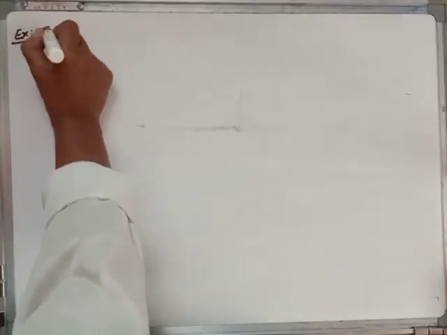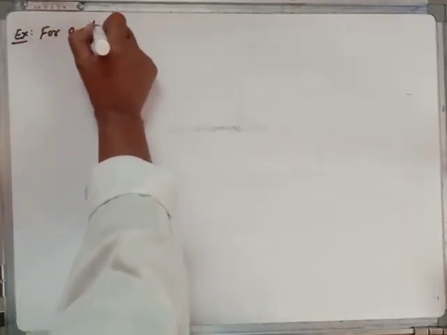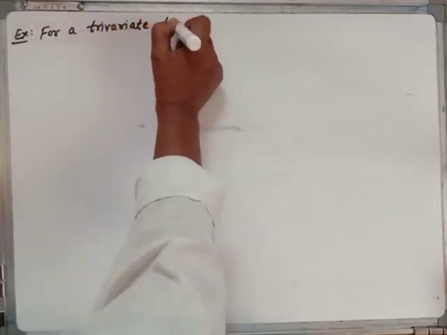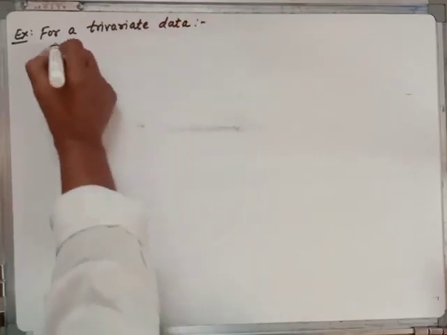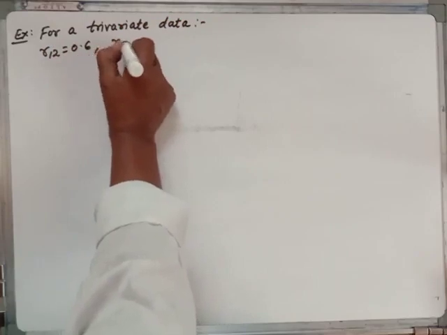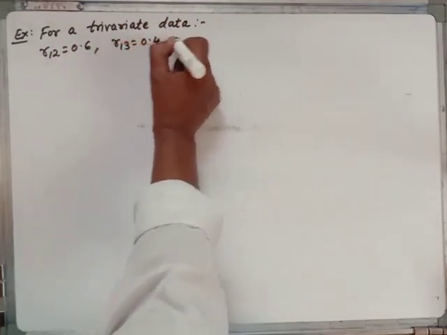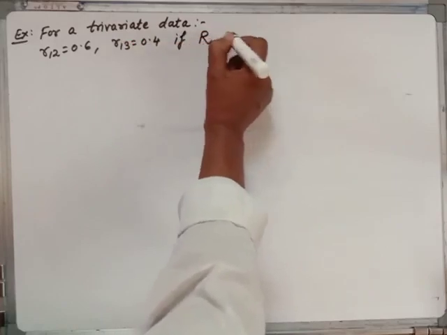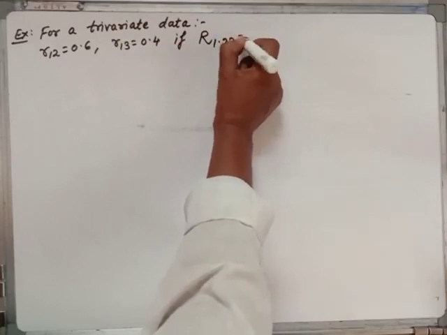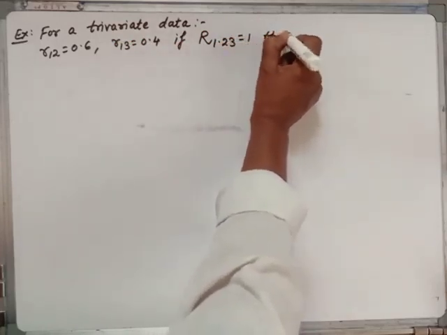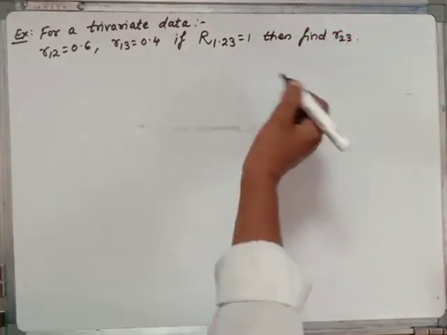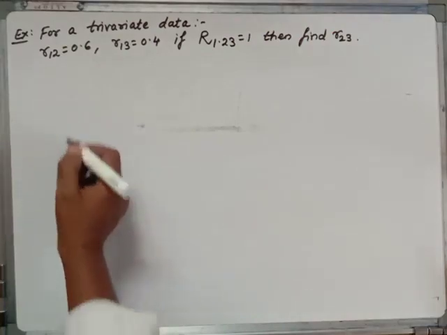For a trivariate data, R12 is equal to 0.6, R13 is equal to 0.4. If this multiple correlation coefficient is 1, then find this correlation. Solution.